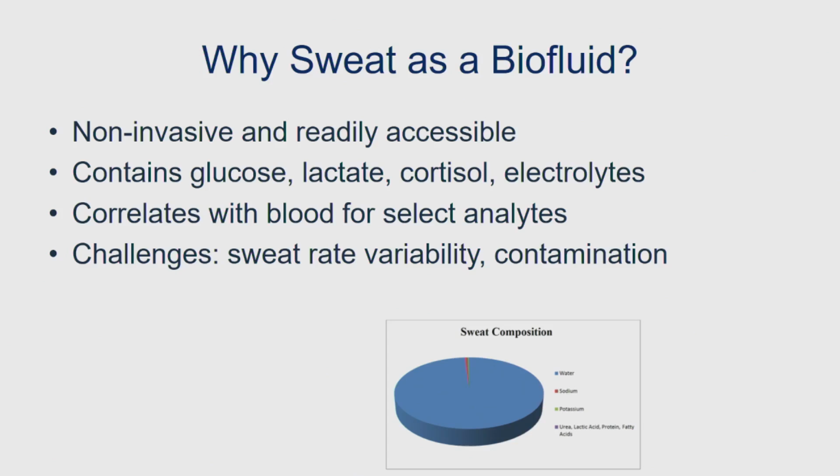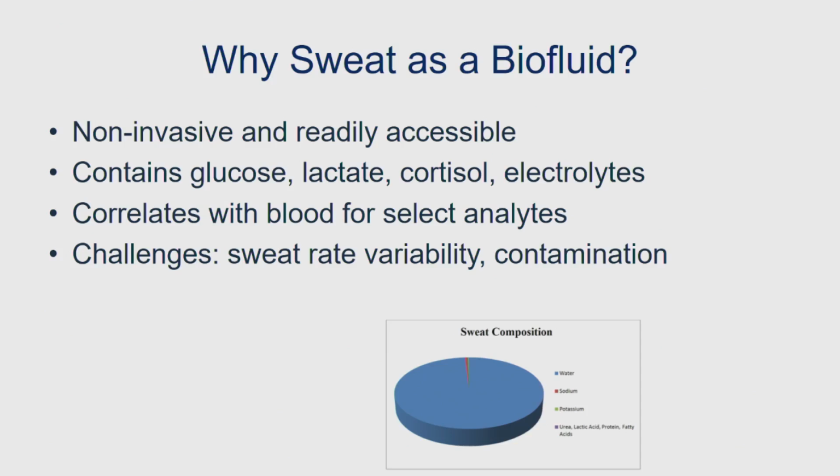The problem is when you can't sweat. So I think most of the people who work on sweat-based sensors also employ methods in which sweat can be generated. But again, the most important advantage is that it can be accessed in a non-invasive manner, and it's readily available as well.